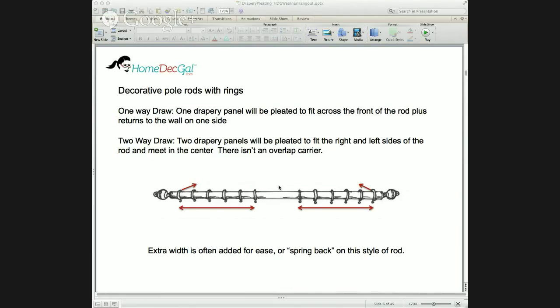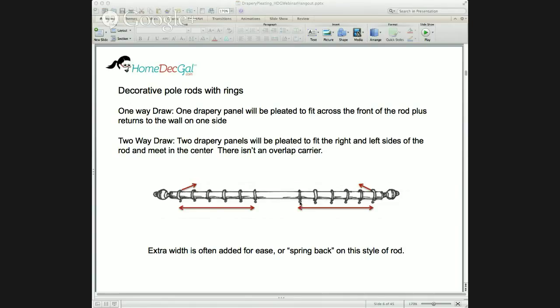You might have to go back to the type of decorative pole rod that has C-rings and carriers. But I've seen a lot of new hardware coming out lately that does have a special bypass bracket, so be sure to check that out. And then the most common two-way draw. The panels are pleated to fit the right and left sides of the rod and meet in the center. Note that there's no master carrier in the center. You just end with a ring here.